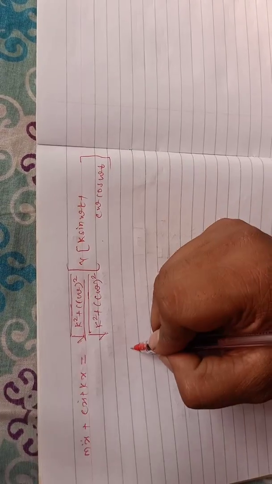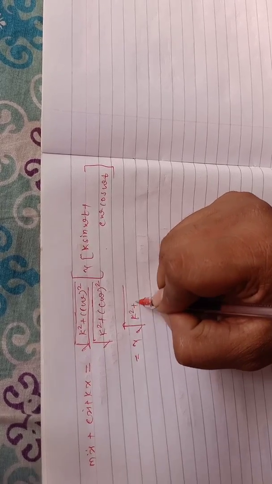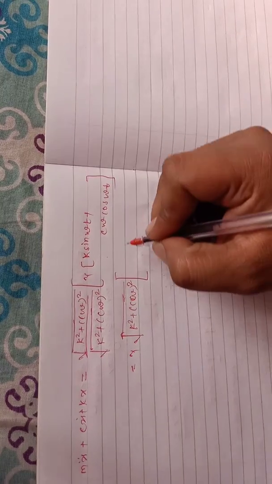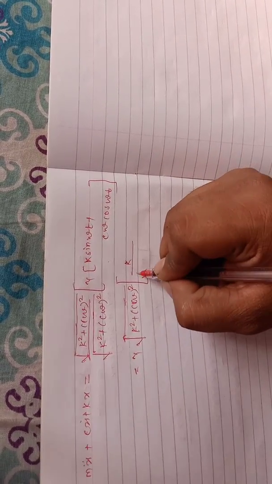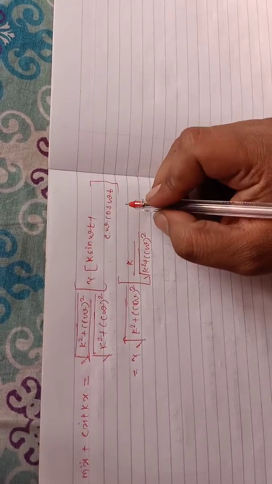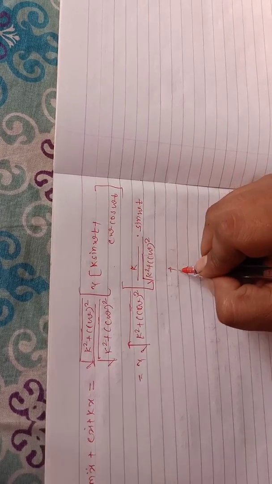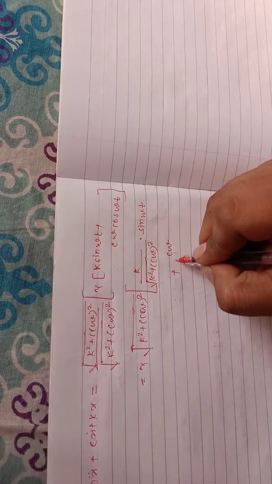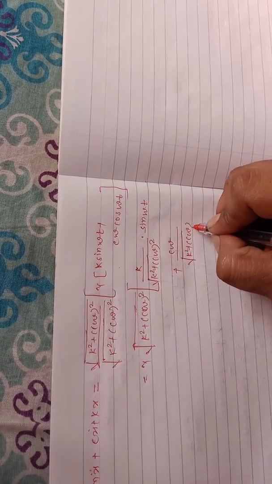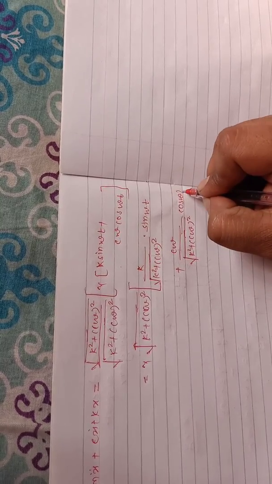So it will become Y square root of k square plus (c omega) square, into k divided by square root of k square plus (c omega) square into sin omega t plus c omega divided by square root of k square plus (c omega) square cos omega t.